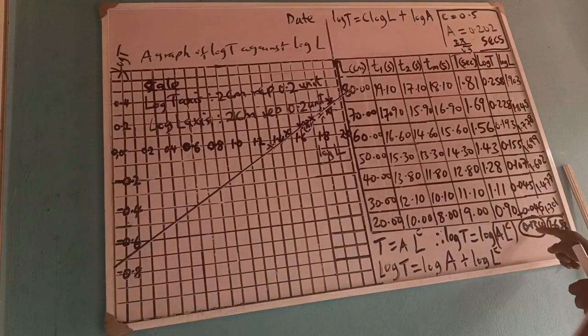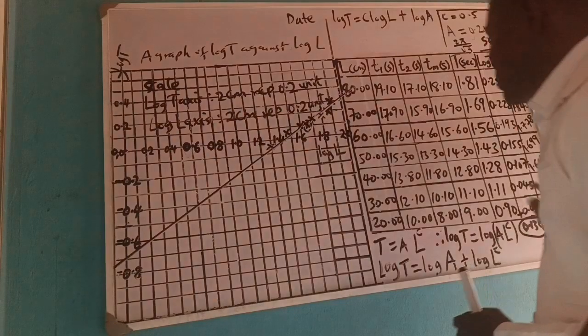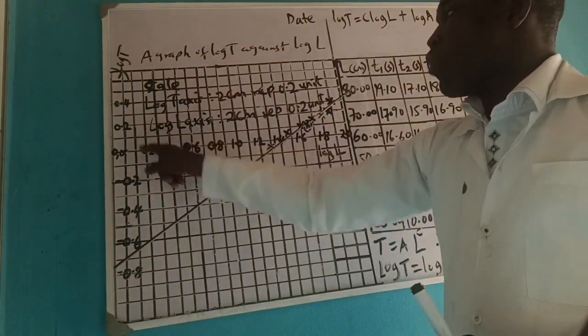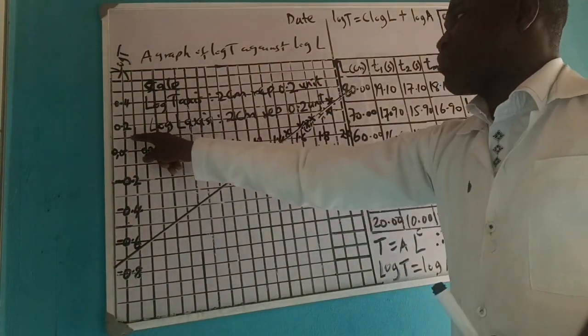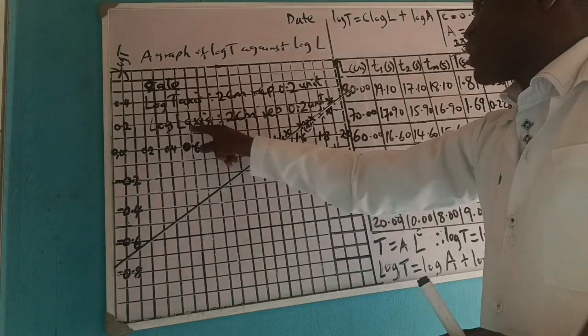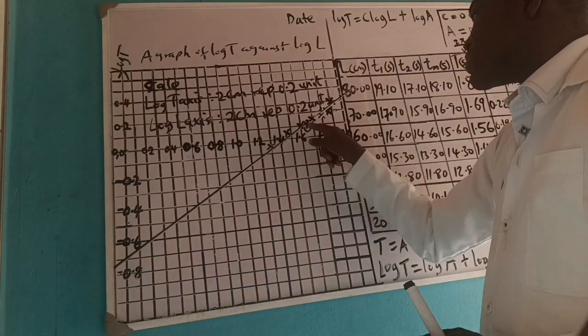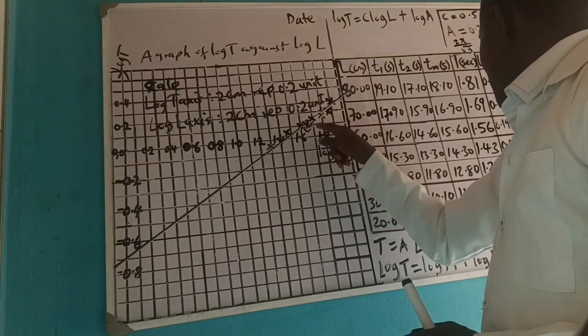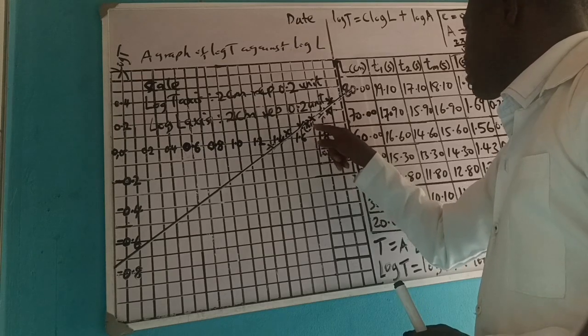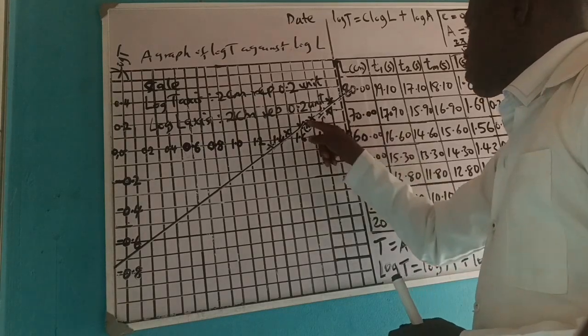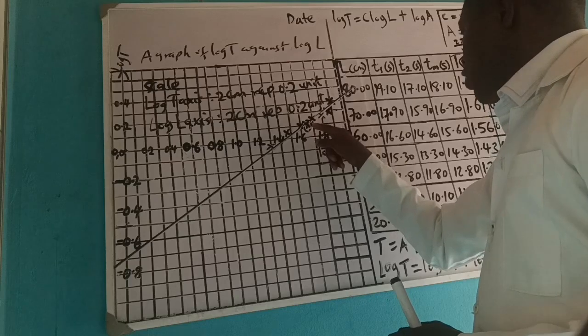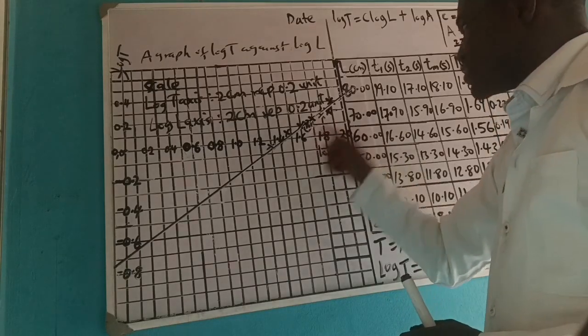Then the centroid, 0.13 against 1.66. Look at 0.1. 0.13 is against what? 1.6. Look at 1.65 or 1.66 is there.